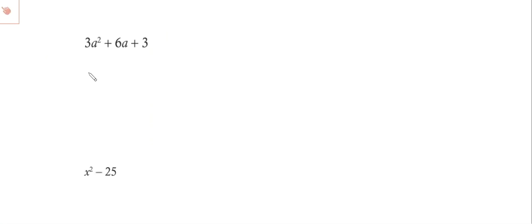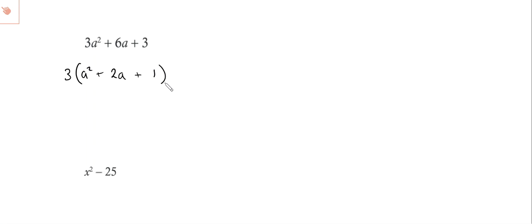Next one. Is there a common factor? First question. Ben, what is it? 3. So we divide each one by 3. So there's the 3. 3 times a squared plus 2a plus 1. Now often, that's where people stop.